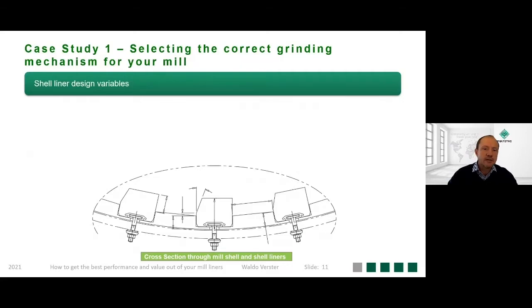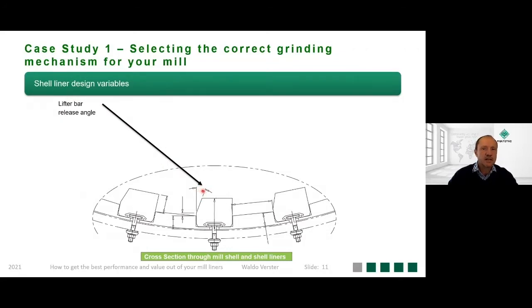If we drill one level down into a bit more detail on the shell lining side, this cross section here shows a section of the mill shell, shell plates, as well as lifter bars. It also shows the forged T-bolts keeping the lifter bars attached to the shell. So during the design process, we can vary the lifter bar release angle, which is basically this angle here.